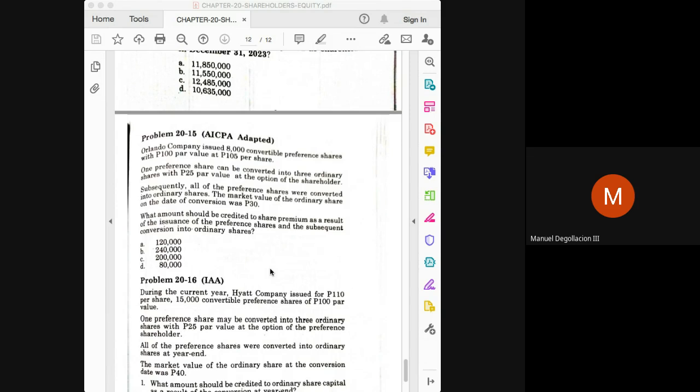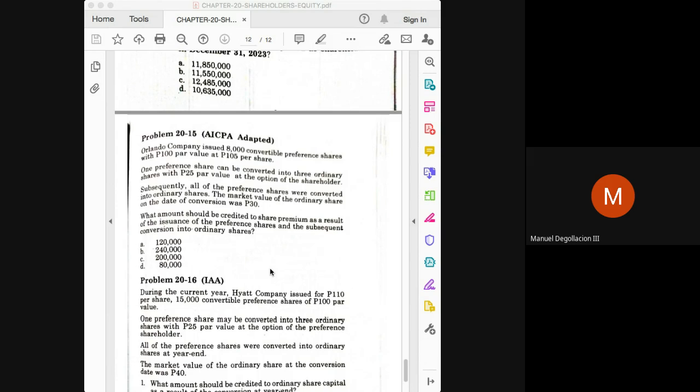Okay, so how many ordinary shares can it be converted into? 3. So how many convertible preference shares did we issue? 8,000. And they can be converted into 3 ordinary shares. So that means if all the 8,000 preference shares were converted, then we will have to issue 24,000 ordinary shares.